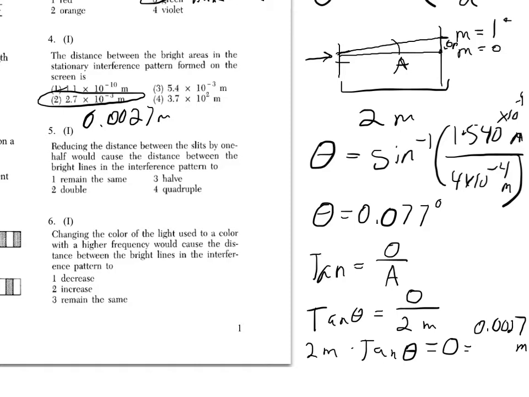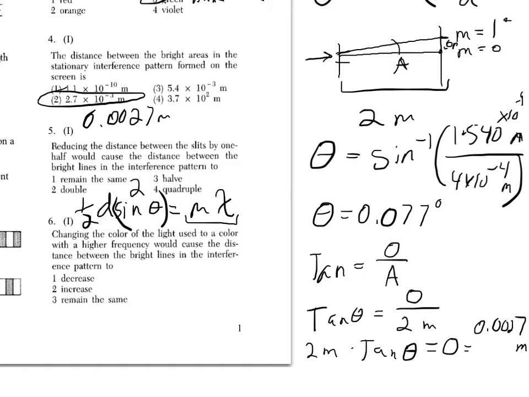Next question, reducing the distance between the slits by 1/2 would cause the distance between the bright lines to do what? So let's think about d sine theta equals m lambda. Since the light and m, which is just a number, stay constant, if d decreases by 1/2, then sine theta has to double.